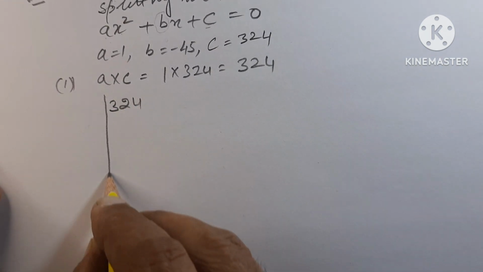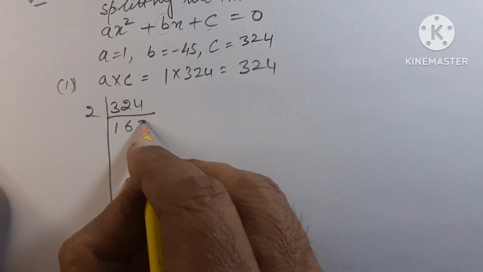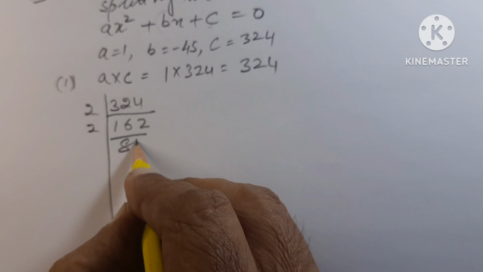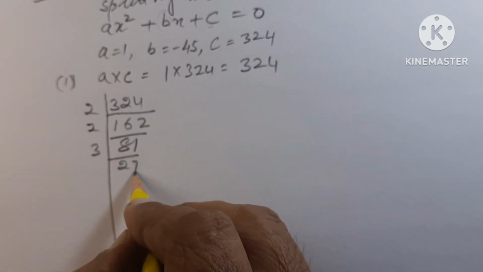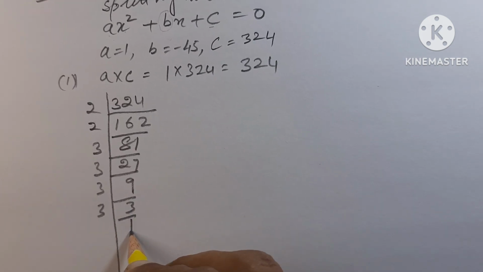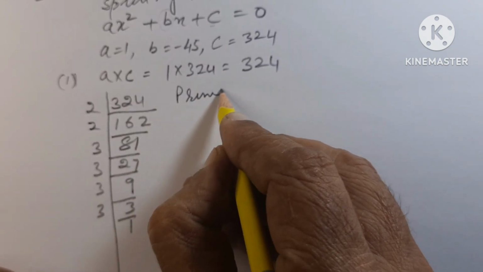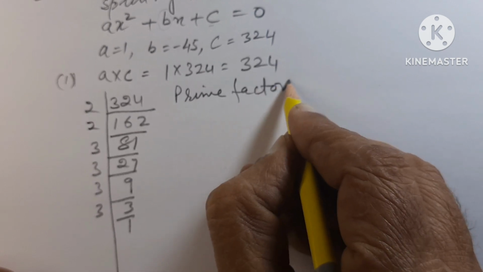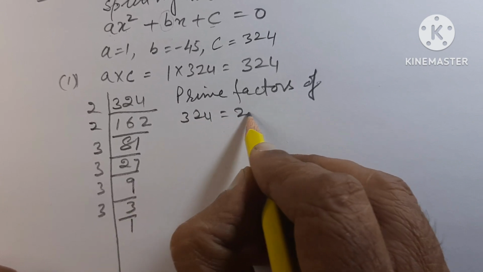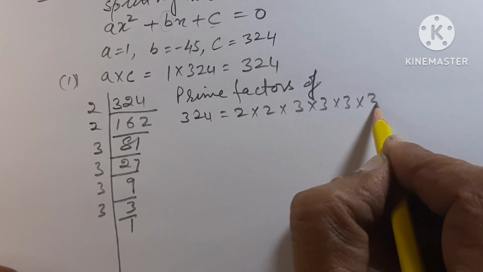Prime factorization: 324 divided by 2 is 162, again by 2 is 81, then 3, 27, 3, 9, 3, 3, 3, 1. So the prime factors of 324 are 2 into 2 into 3 into 3 into 3 into 3.